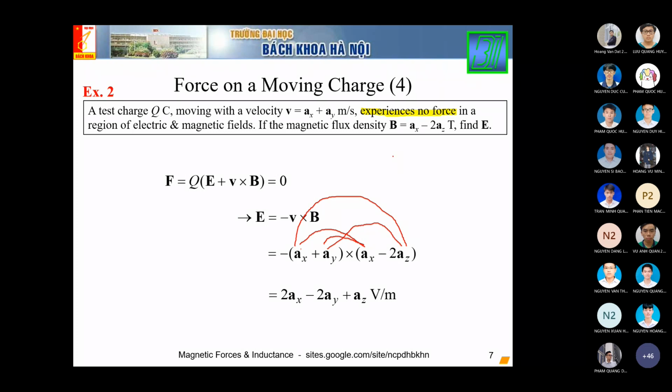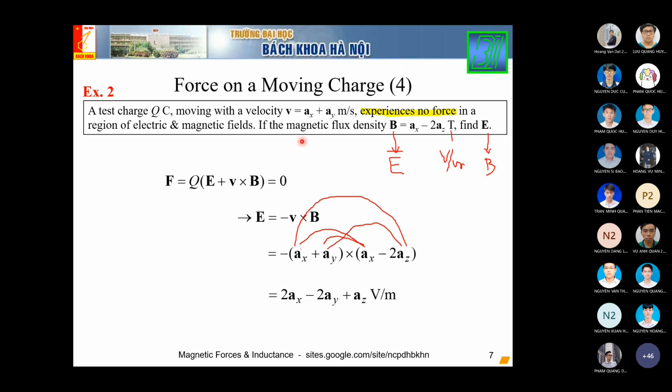Okay, now I want you to do the second mid-class exercise here. I change this one into E. And of course, the unit here is volt per meter. And I change this one into B. Please redo this exercise.